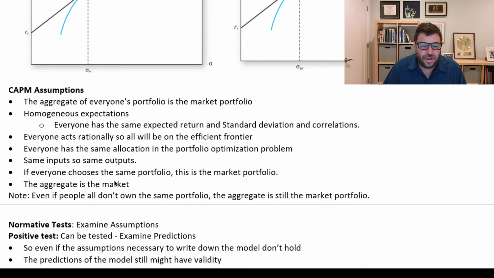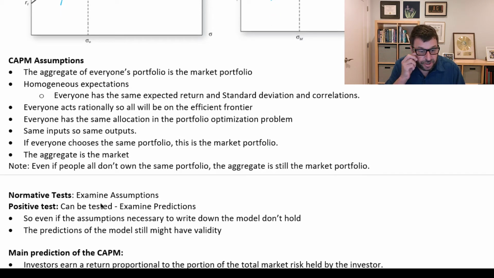Now, let's talk briefly about some ideas here. A normative test of a model or a theory is to examine the assumptions. Is it the case that the assumptions hold water? A positive test involves things that can be tested, and we can therefore examine the predictions of the model.